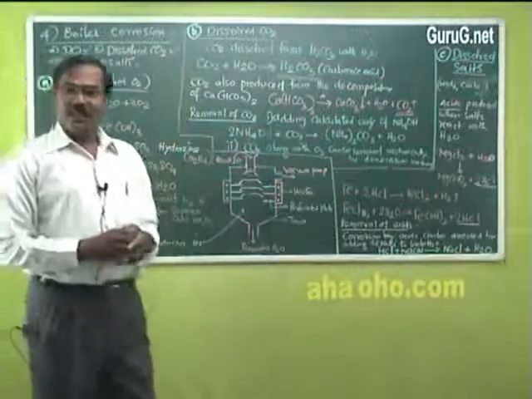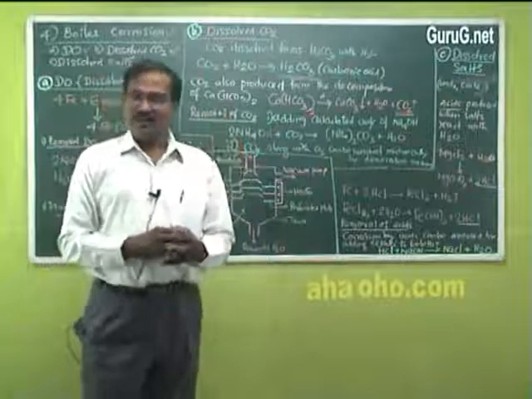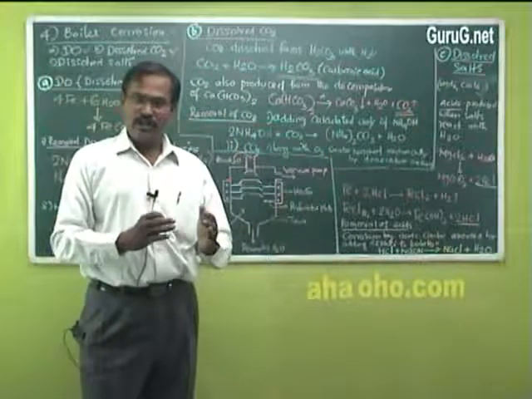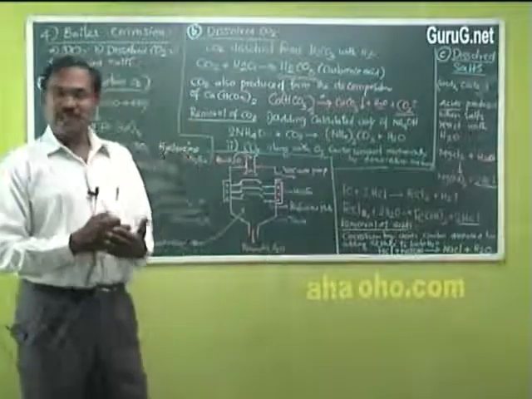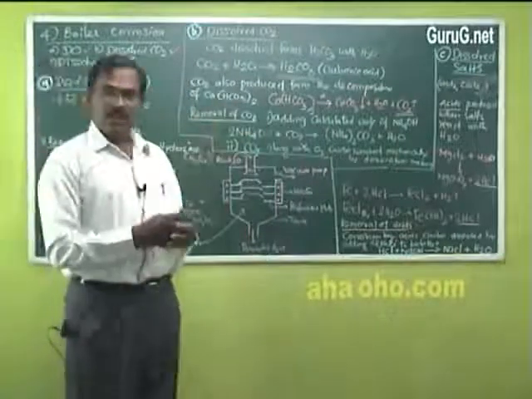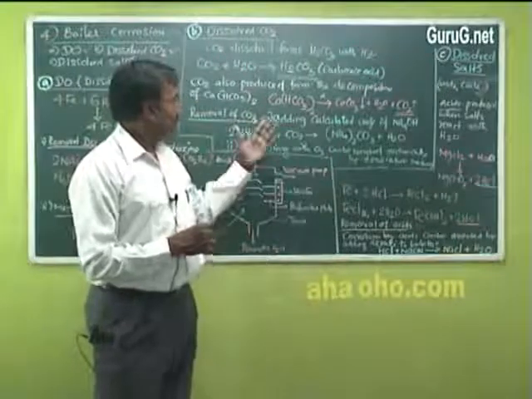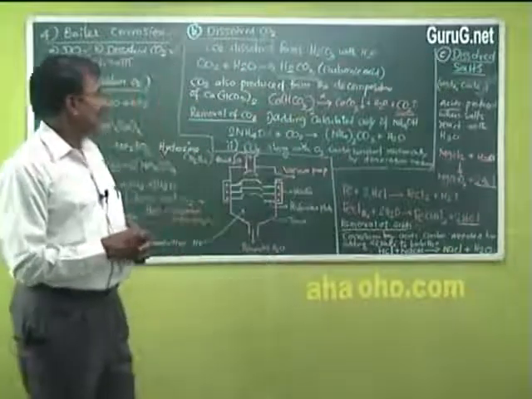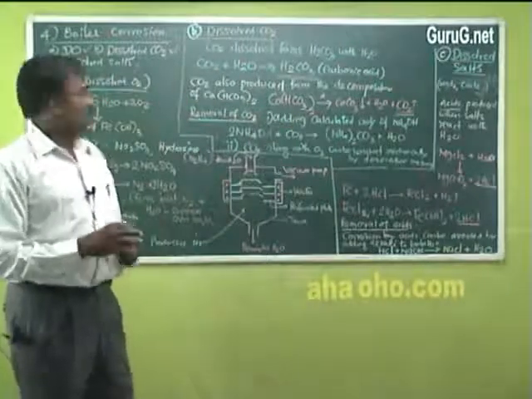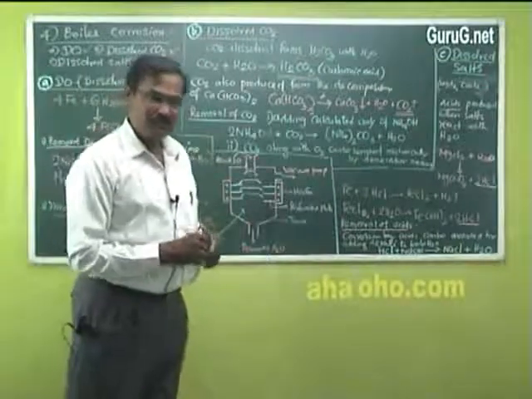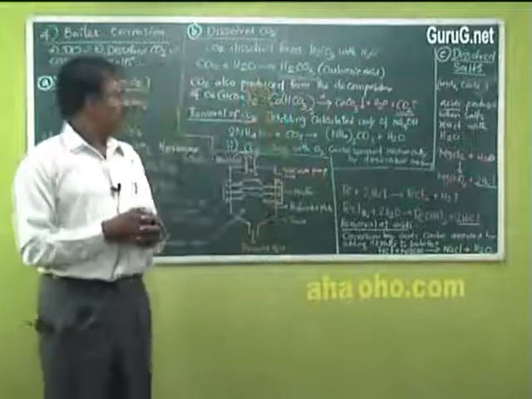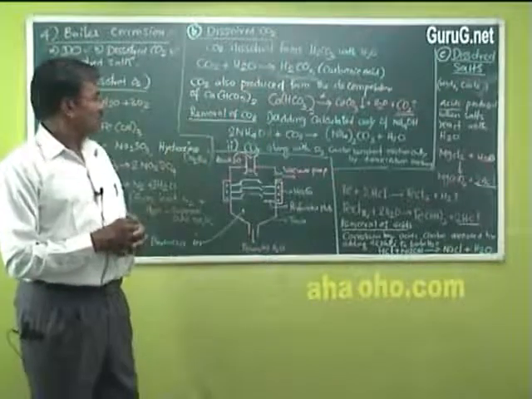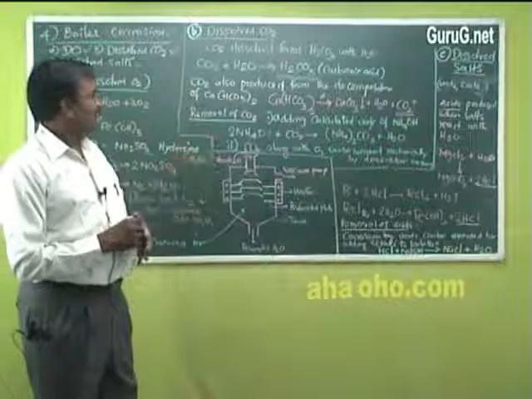So this corrosion due to dissolved carbon dioxide is not only due to the dissolved CO2 which is already present, but also produced due to the decomposition of calcium bicarbonate giving carbon dioxide. So if carbon dioxide is allowed to remain in boiler feed water, that is going to give corrosion. So it has to be removed. We have two methods to remove.